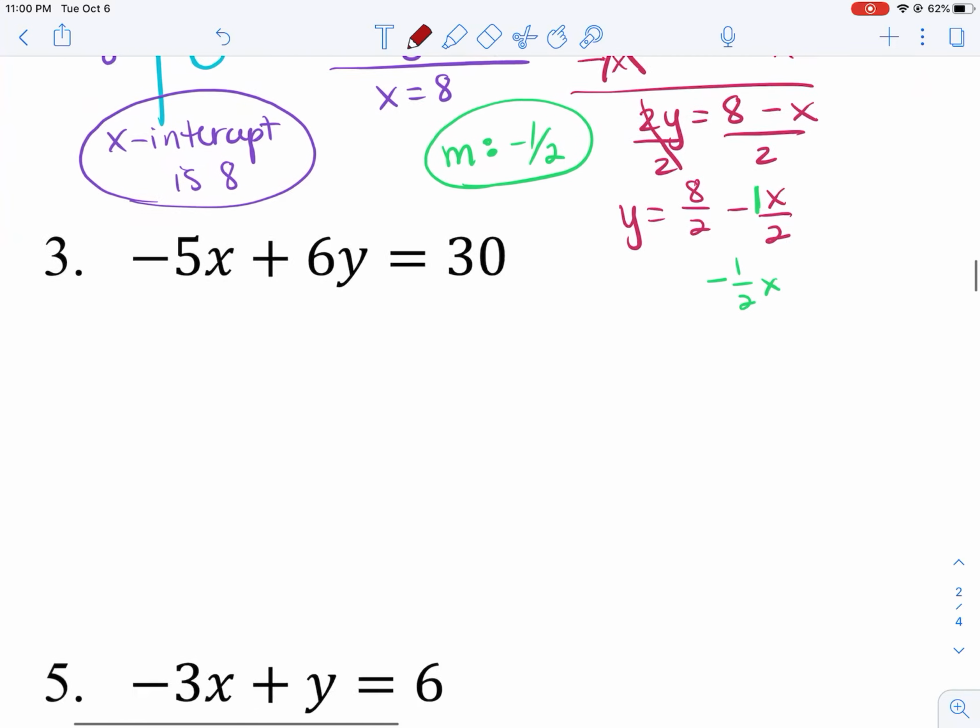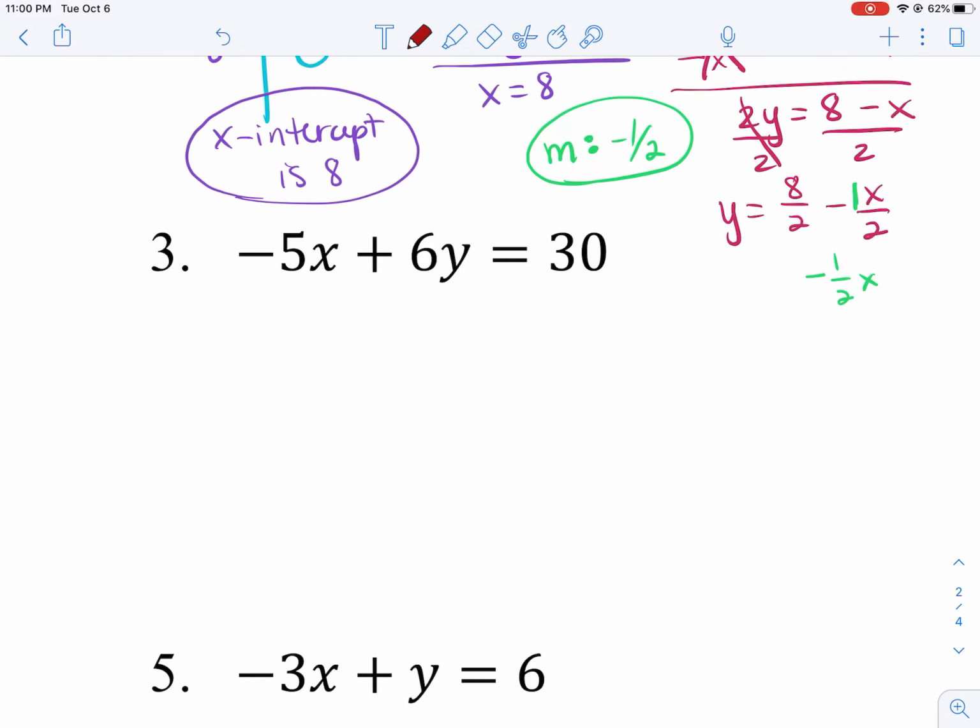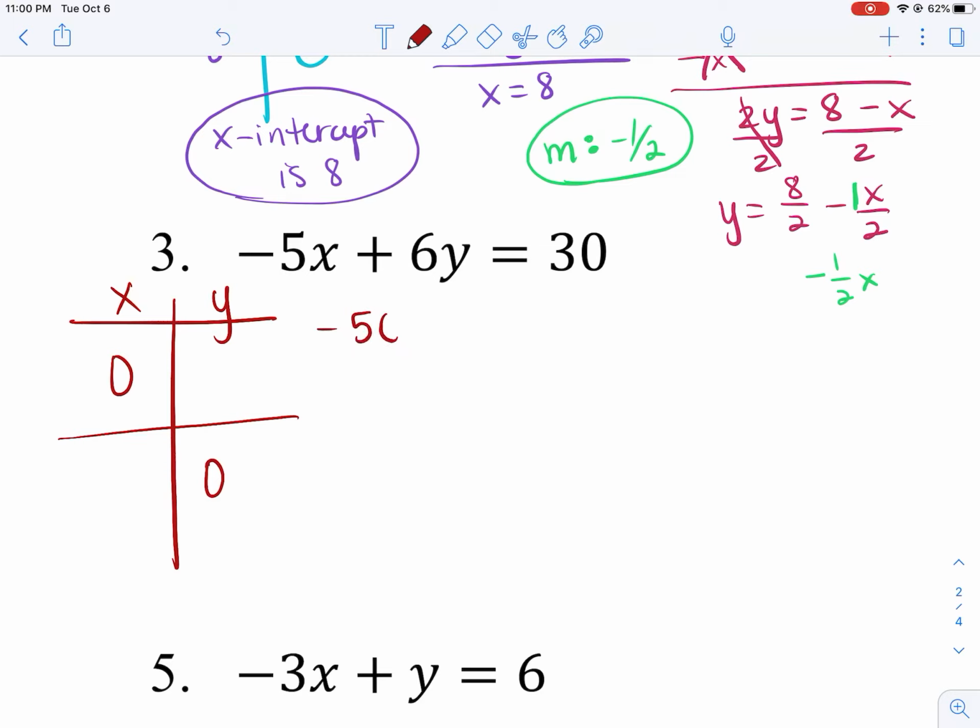Go ahead and try number 3 on your own. Push pause on the video and try it. I'm going to go through the answer here, but I'd like you to try it to see if you're on the right track. XY table, zeros are filled in. I'm going to plug in 0 for x to start.